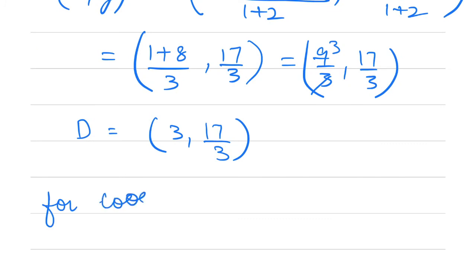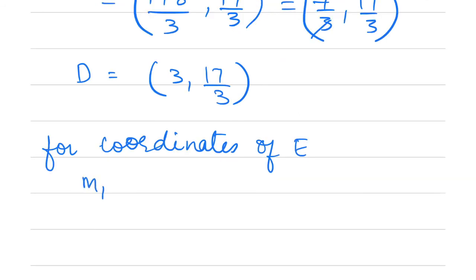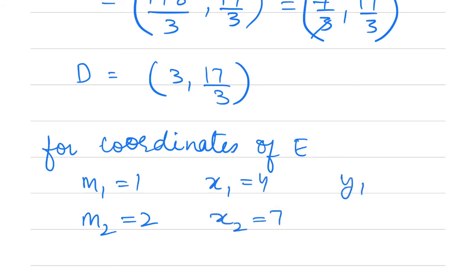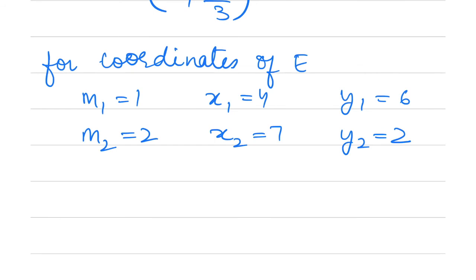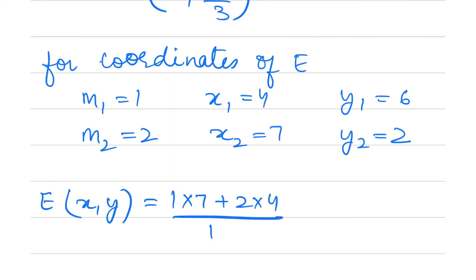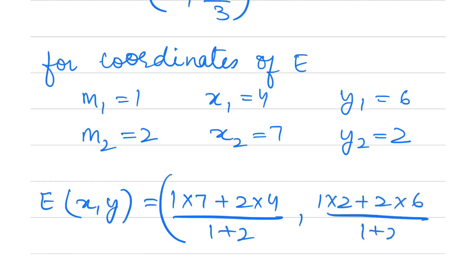Similarly, for coordinates of E, m1 is equal to 1, m2 is equal to 2, x1 is equal to 4, x2 is equal to 7, y1 is equal to 6 and y2 is equal to 2. Now let's substitute. For x we have (1 into 7 plus 2 into 4) divided by (1 plus 2), and for y we have (1 into 2 plus 2 into 6) divided by (1 plus 2).